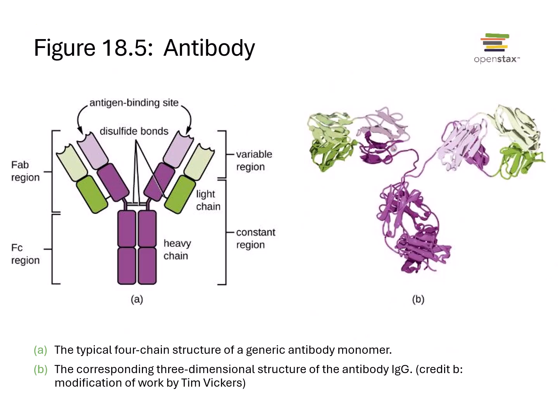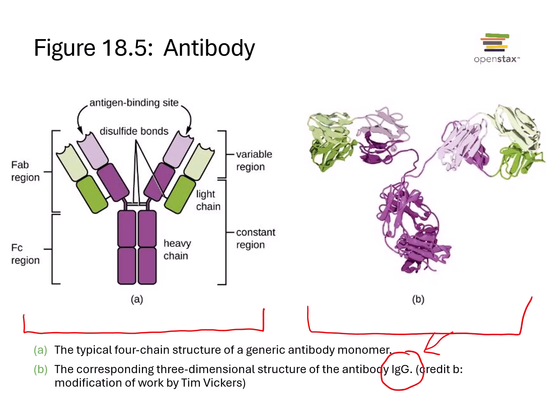This image shows both the simplified 4-chain diagram and the 3-dimensional diagram of an antibody, a specific class or type known as IgG. If I look more closely at the FAB region and the FC region, I'm going to put a line, it's not a perfect line, but it's like over here.